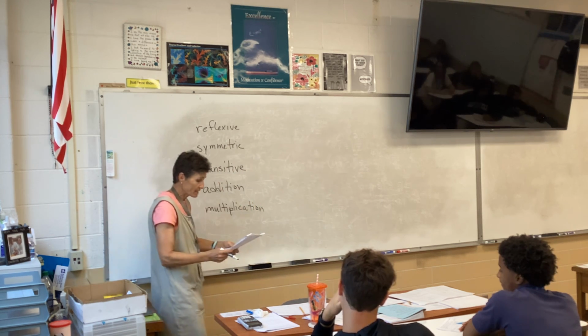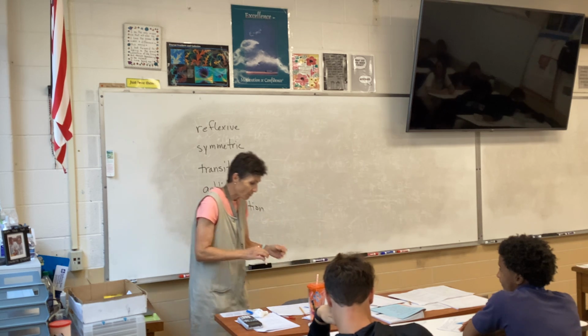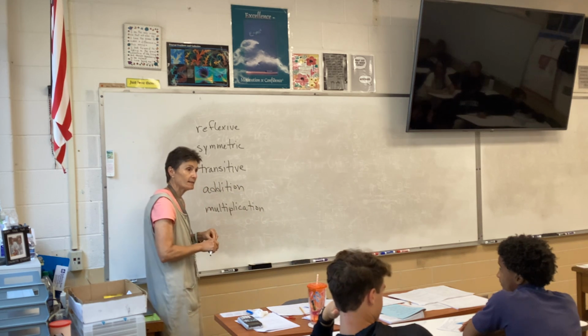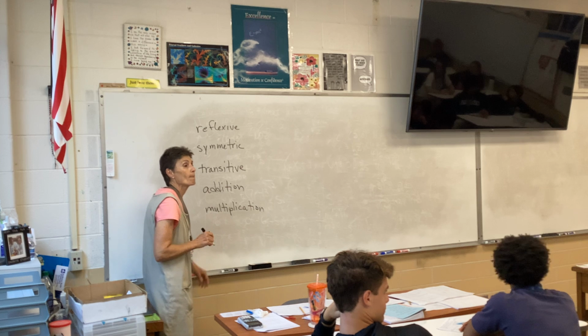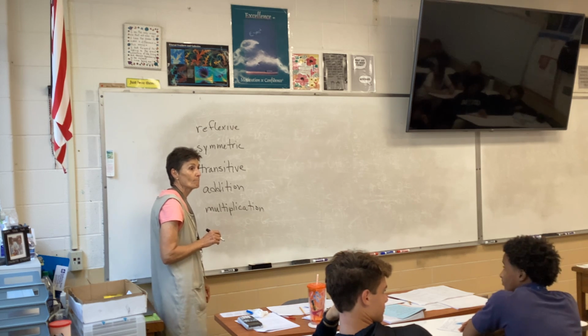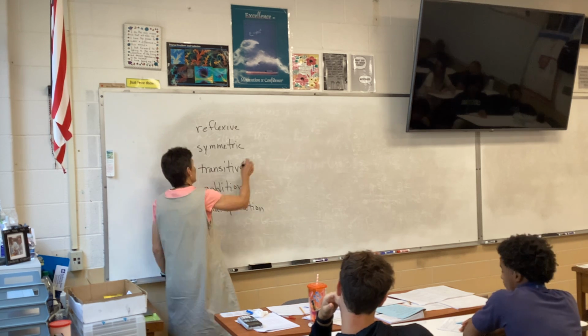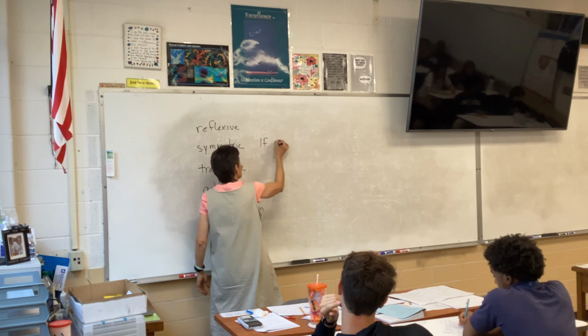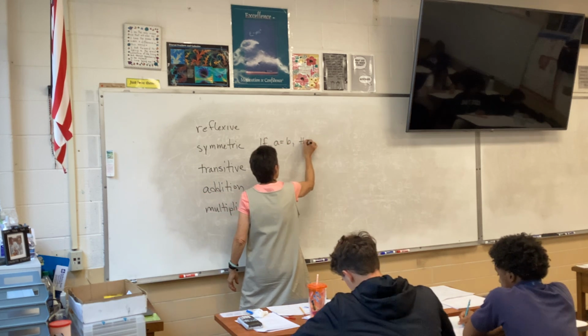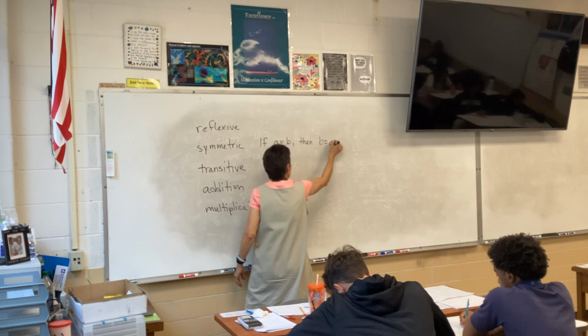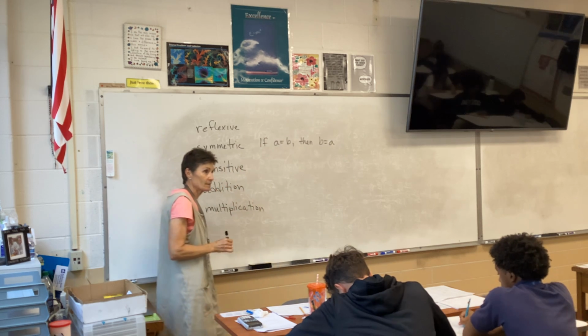So here we go. Who knows any of those words? What do any of those words mean? Sydney. Okay, is symmetric like A equals B? If A equals B, then B equals A? That's exactly what it is. The symmetric property says if A equals B, then B equals A. Perfect.